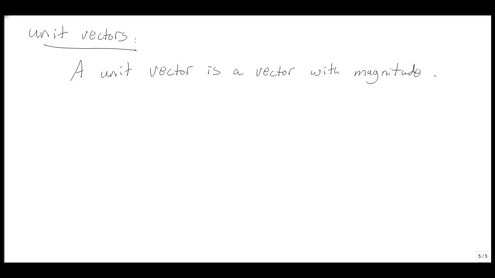So 1 sometimes is referred to as a unit, but a unit vector is a vector with magnitude 1. So we can ask questions where is the vector 2/3, negative 2/3, 1/3 a unit vector? So really what you need to do is just find the magnitude of this.